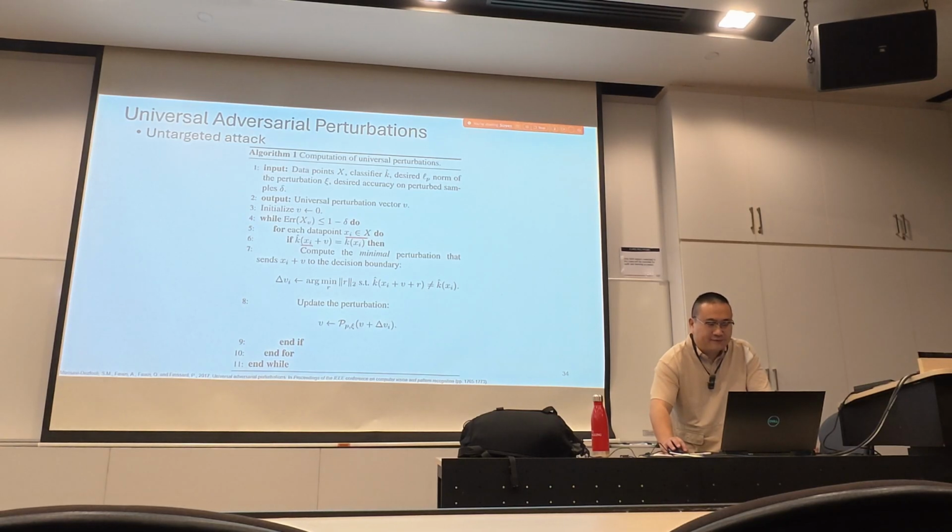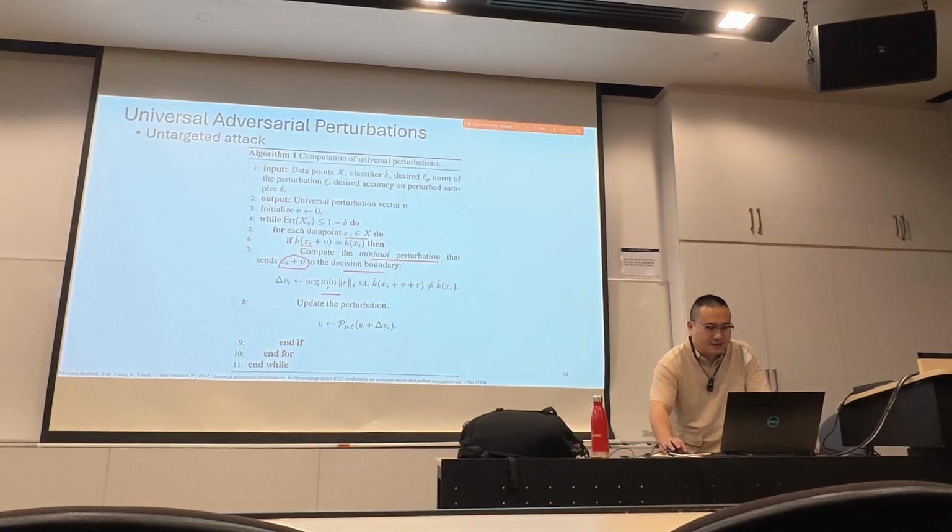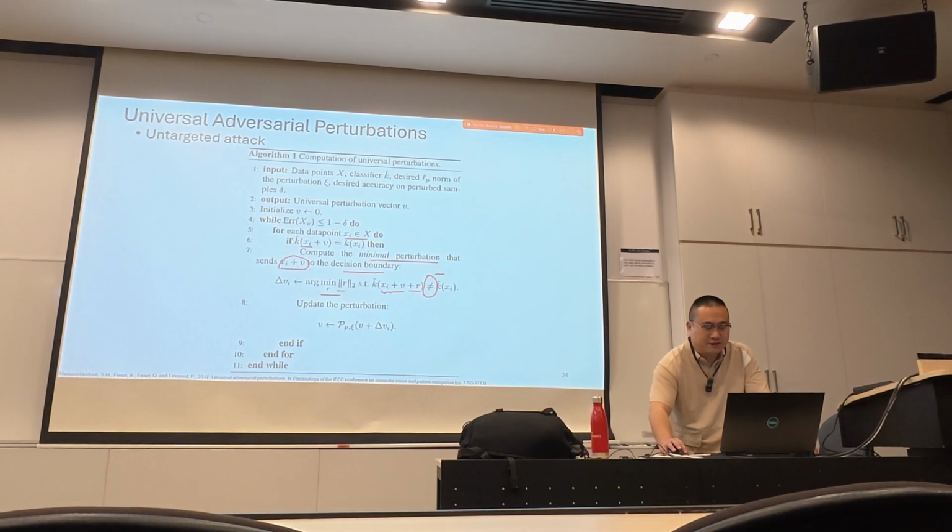If the UAP does not fool the model on that image, then we need to compute the minimal perturbation that sends the perturbed image to the decision boundary. It means we calculate an extra perturbation, represented by R, such that applying R to the already perturbed image will cause the misclassification of the model. We also want R to be small, so we do the minimization.